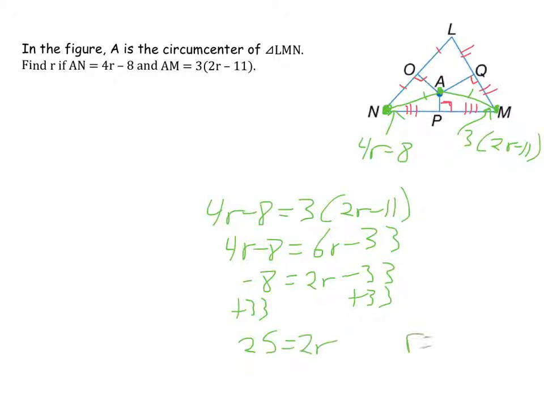And we get R equals 12.5, or 25 over 2. It said to find R. We found R, so we're finished.